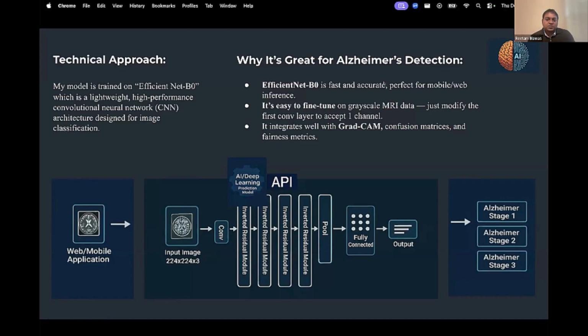It is fast, giving close to 99% accuracy, and is perfectly integrated with a mobile or web interface. Fine-tuning is also quite easy when we are dealing with a grayscale MRI dataset. And of course, it is easily integrated with Grad-CAM, confusion matrix, fairness metrics, and a lot of different metrics available as part of this model. And we can go over the detail.